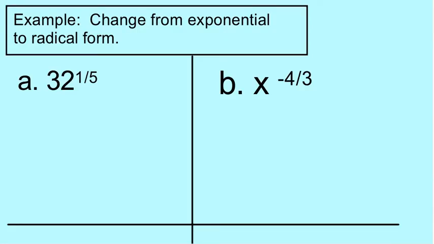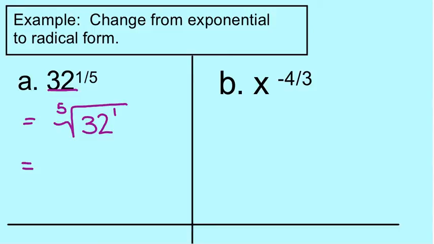All right, now we're doing the opposite. We're going to take some of these exponentials and rewrite them in radical form. So, radical, 32, that's our base. Power is 1/5 root. Now we've learned already how to reduce these radicals down.